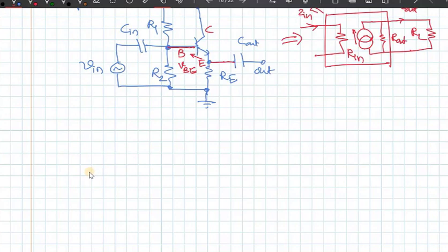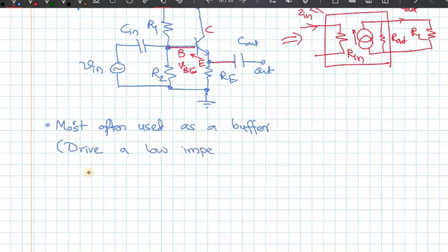Most often used as a buffer. In other words, drive a low impedance or high load using a high impedance source.